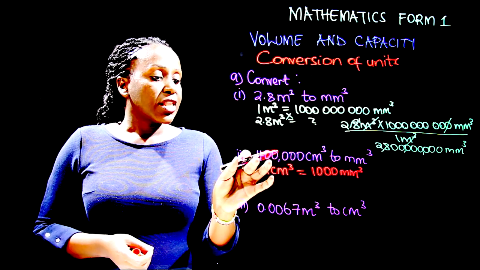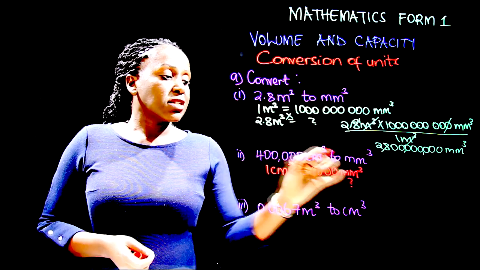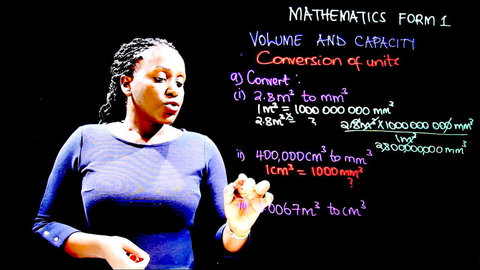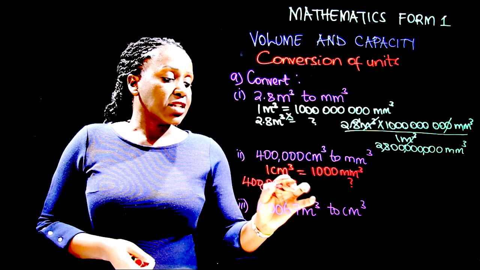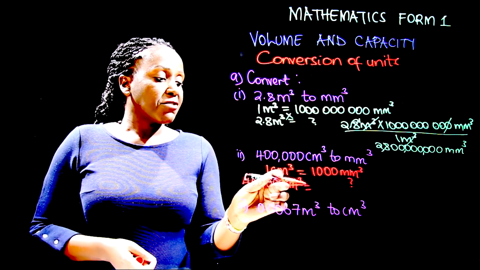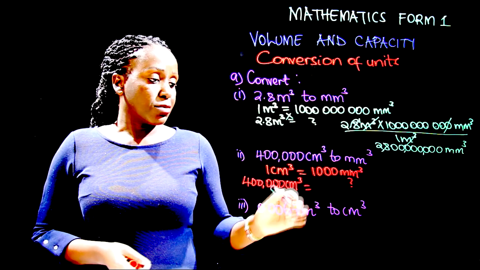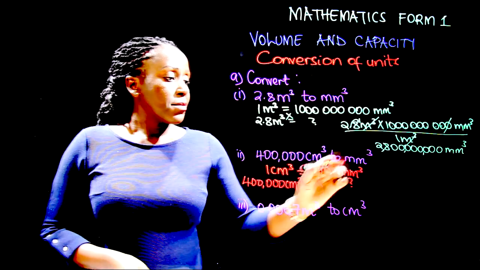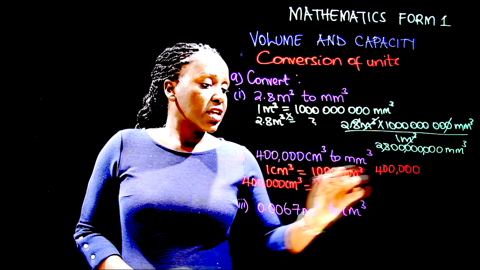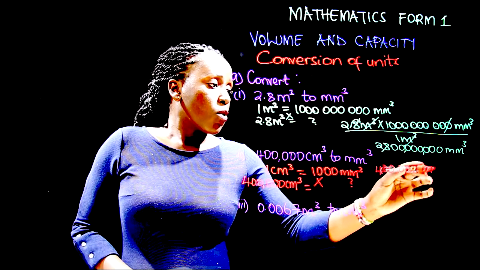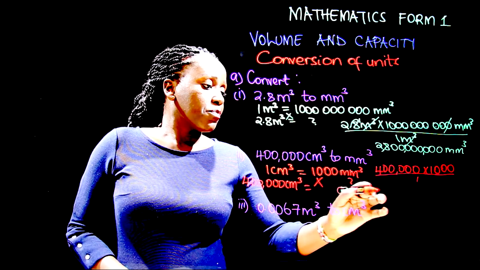So the question has provided us with 400,000 centimeters cubed. How many millimeters cubed will be equal to 400,000 centimeters cubed? You notice that we have written centimeters cubed on the side with centimeters cubed. So we cross multiply. We have 400,000 multiplied by 1,000, all that over 1.